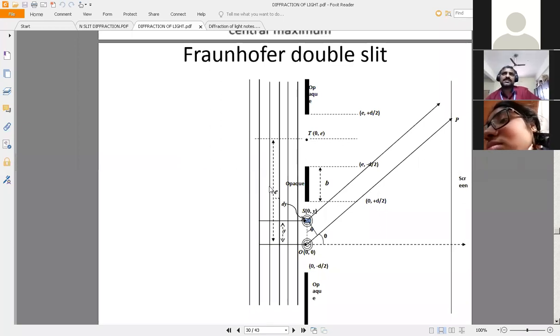So here, please try to understand, there are going to be three different parameters. In the earlier case, with single slit, we had only one parameter, that is the slit width, small d. So the open portion of the slit is what you call small d. Whereas here, we are going to have different parameters, d, e, and b.